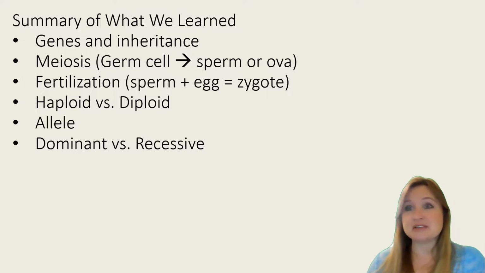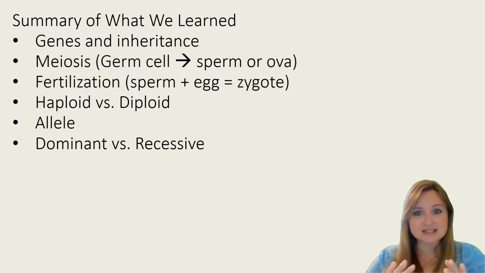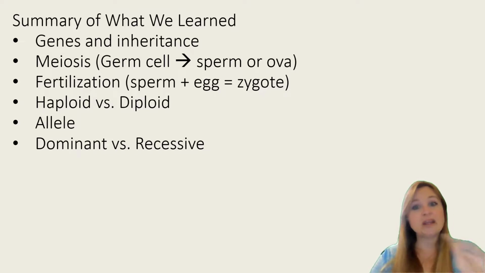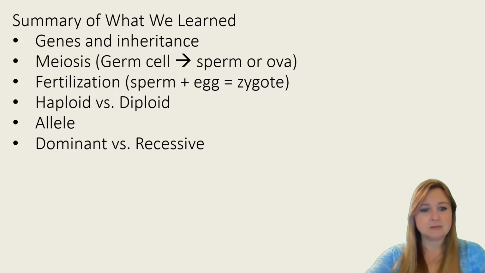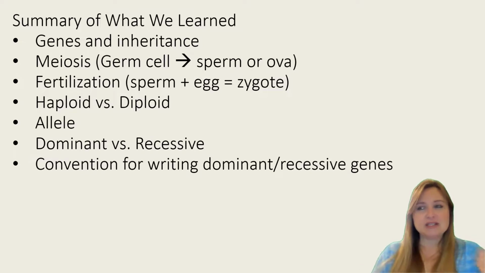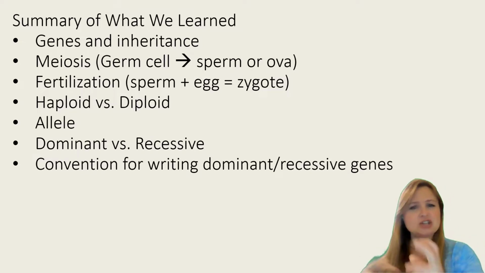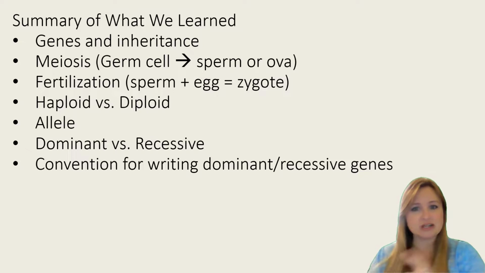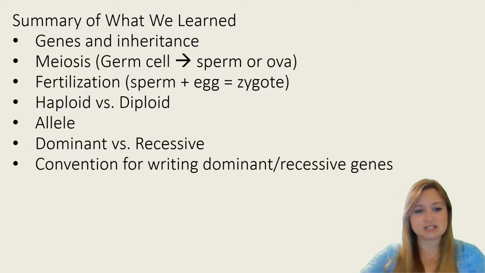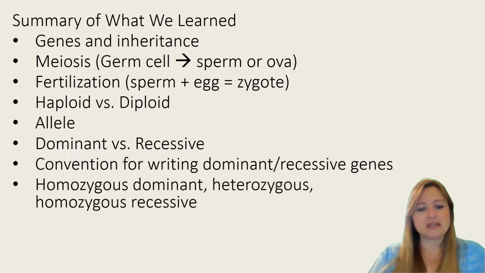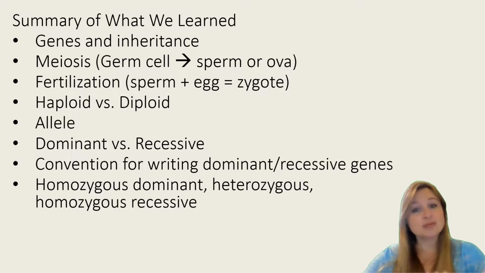It's possible someone receives two dominant or two recessive alleles, but if they have one of each, then the dominant one is going to win over the recessive allele. We talked about how we typically write the dominant or recessive alleles so that we can understand which is dominant and which is recessive. And we talked about how they can be homozygous, that someone could have two of the same version, either homozygous dominant or homozygous recessive.